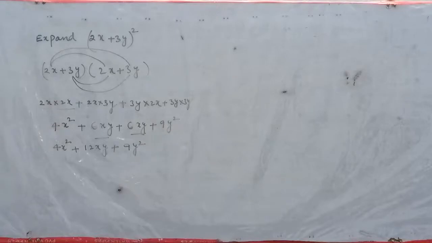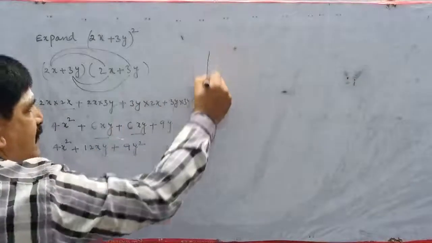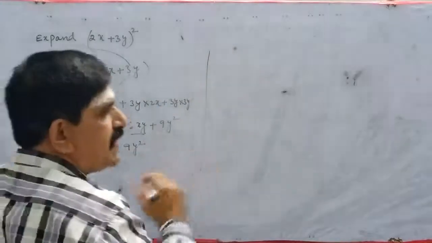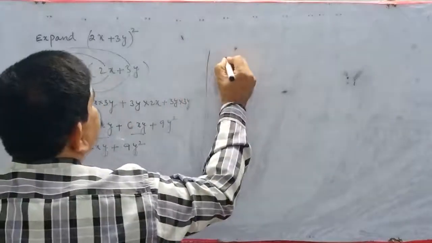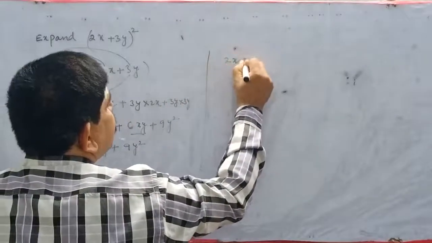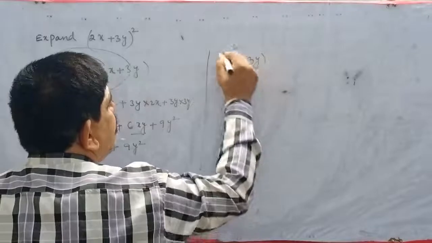The same problem we can find like this also by using the formula. That is (2x plus 3y) whole square.